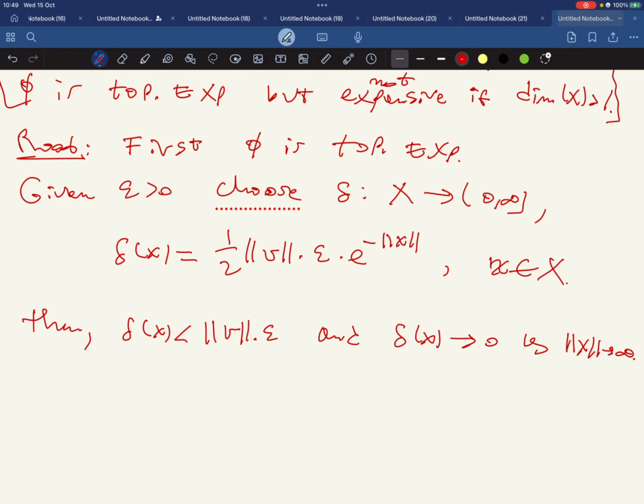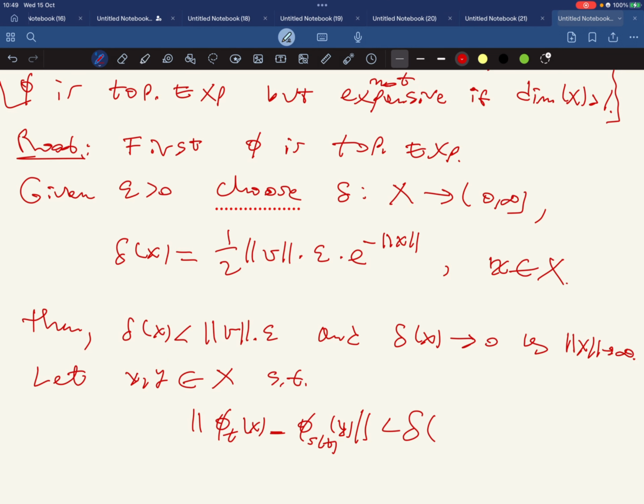Okay, now let x and y in X be such that the norm of phi t of x minus phi s of t of y is less than delta phi t of x.